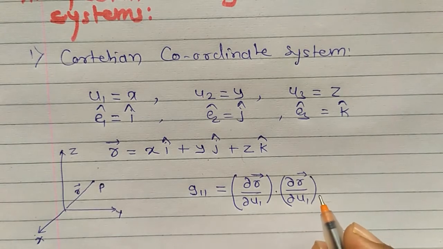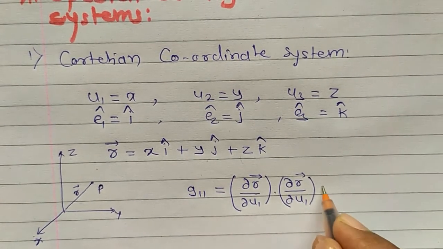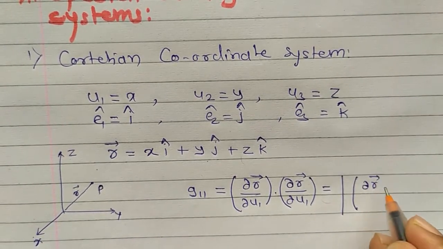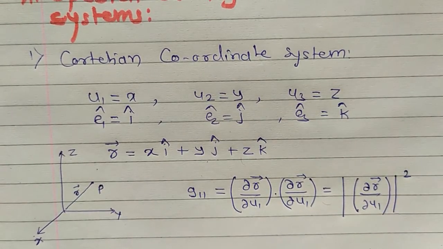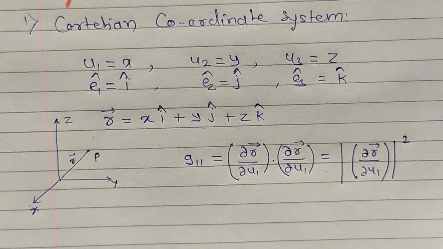So this was the expression for obtaining metric coefficient g11, which is equal to mod of ∂r bar by ∂u1, squared, right? Because you are taking a dot product of the same vector, it will give you the mod and the square of that mod. So this will be the expression for metric coefficient.